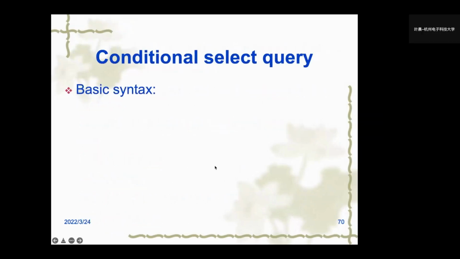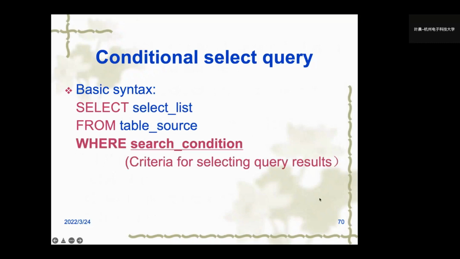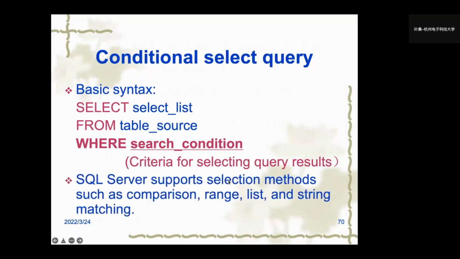And next, we will learn how to use this conditional select query. The basic semantics is select from, which we have learned. And here we need a where clause, where we need to write the search condition, which is the condition for selecting the query results.